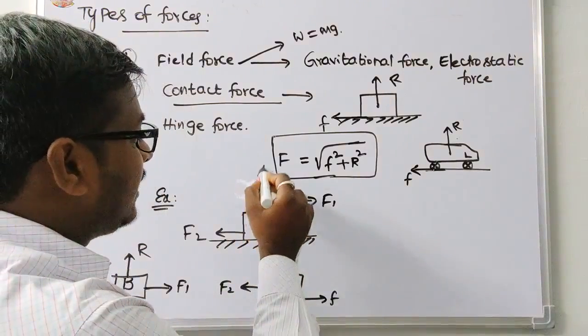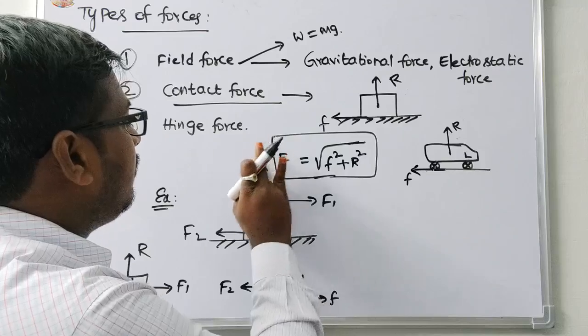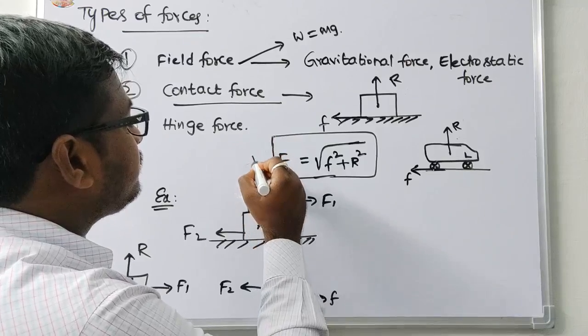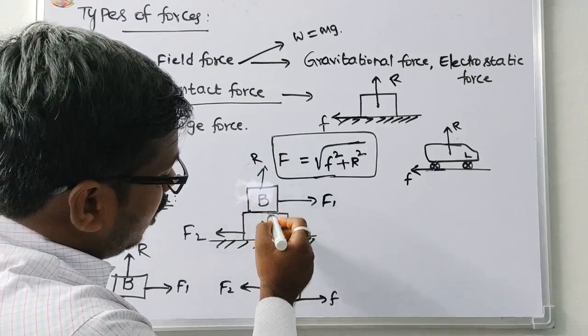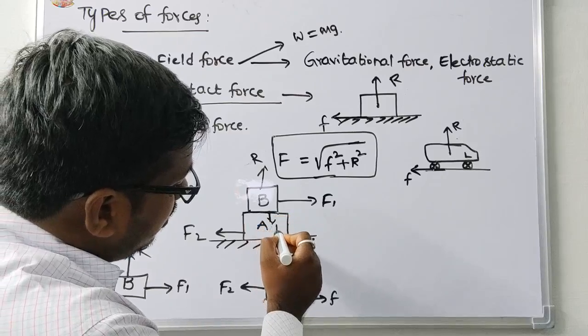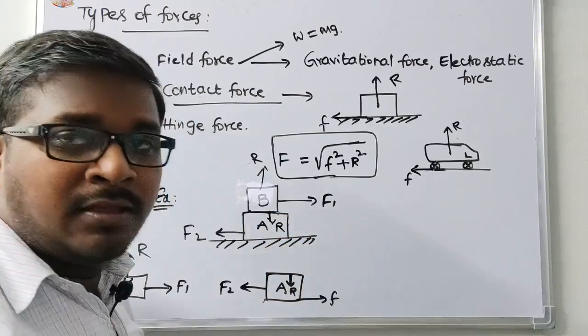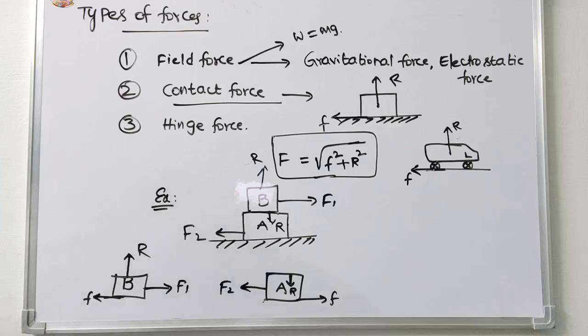The normal force is acting in the forward direction on block B. In block A, the normal reaction arises because these two bodies are pressing each other, and the reaction force is acting in the downward direction. This is the contact force.